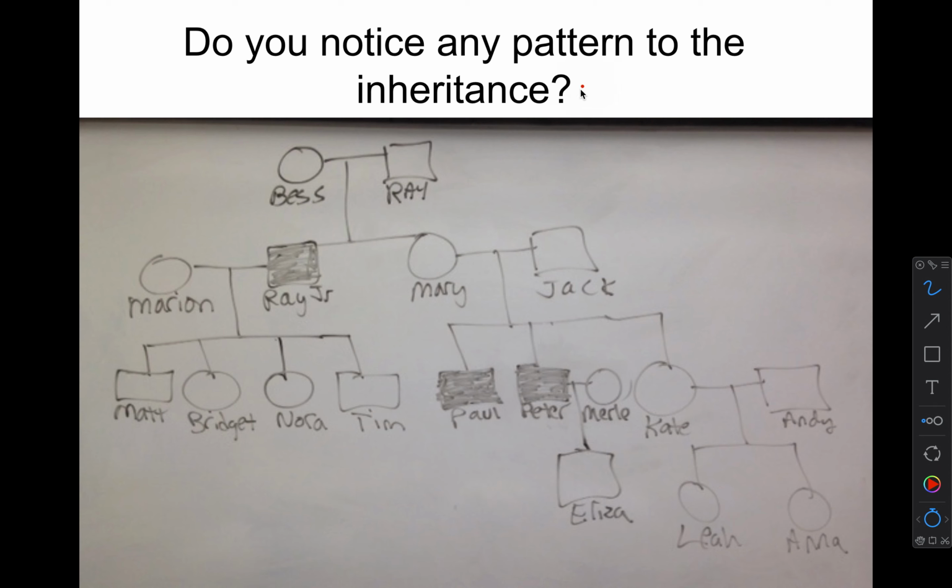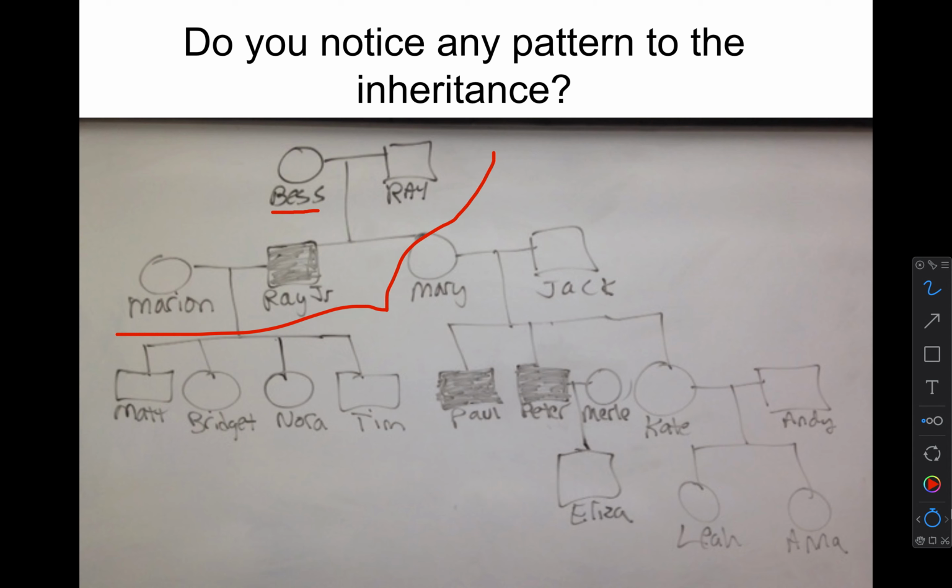So it's on the X chromosome. So let's examine just this little section, right? So Bess and Ray don't have it, and they have one son with the trait, right? So we want to know, and we can assume that it's recessive. We want to know, what is Bess's genotype?